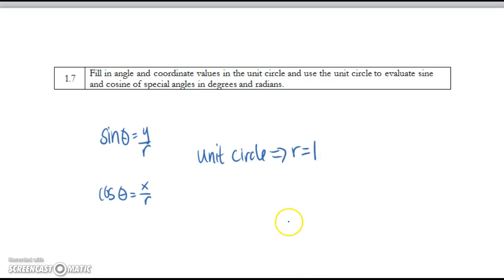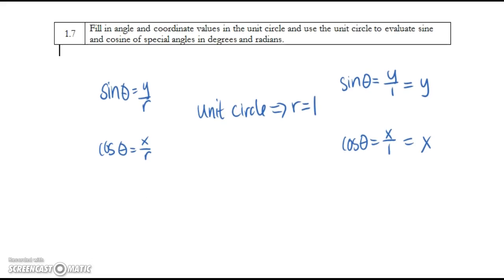And when the radius is 1, then sine of theta is y over 1, or just the y coordinate. And the cosine of theta is x over 1, or just the x coordinate. So the unit circle is very handy because we can use the x coordinate to determine the cosine of an angle and the y coordinate to determine the sine of an angle.